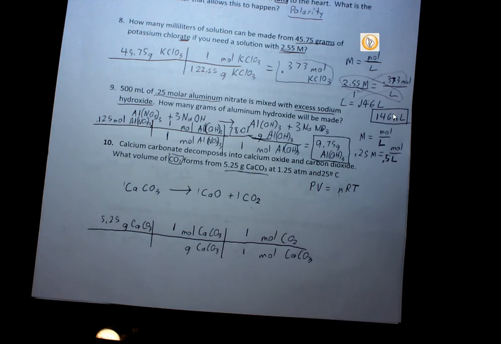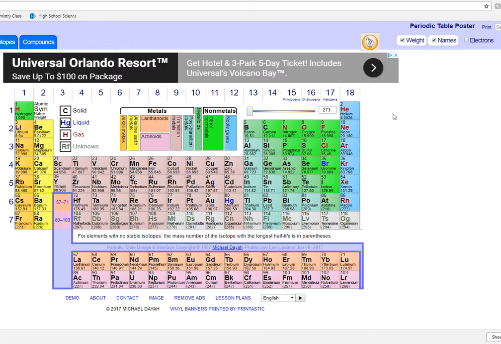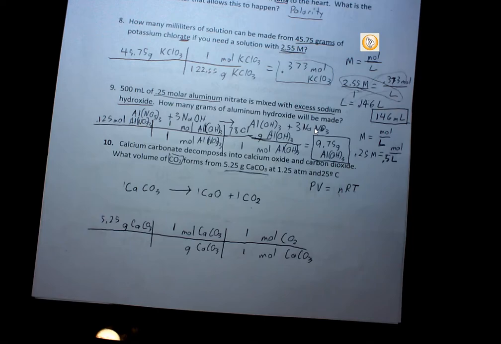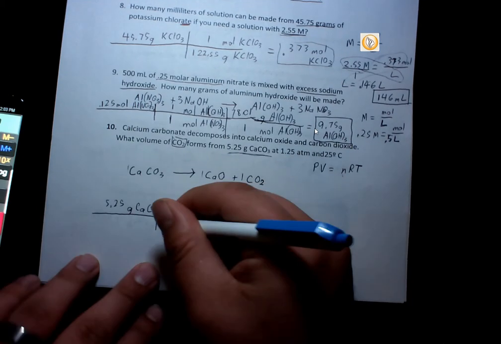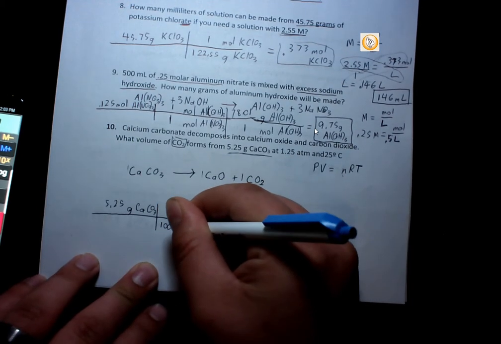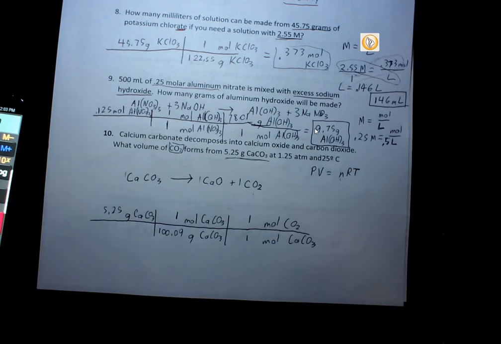So now we need to look at calcium carbonate. Calcium, we've got 40.08 plus carbon 12.01 plus oxygen times 3, so 16 times 3 gives us a total mass of 100.09 grams.